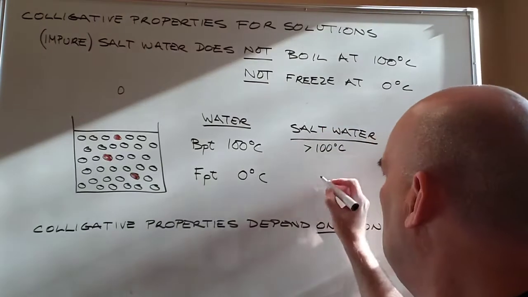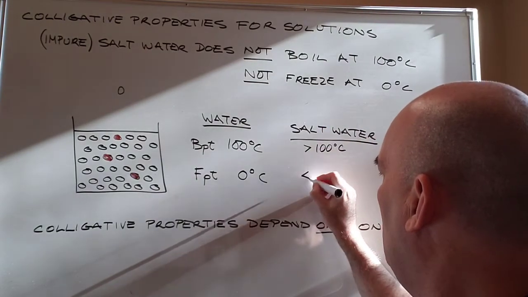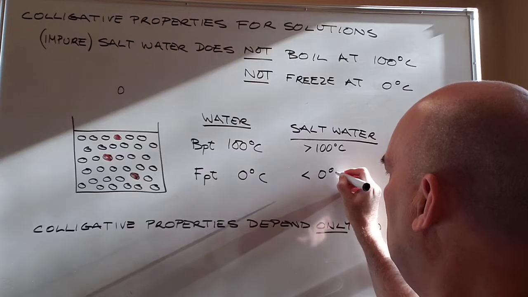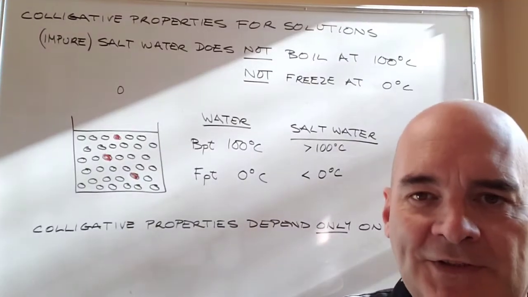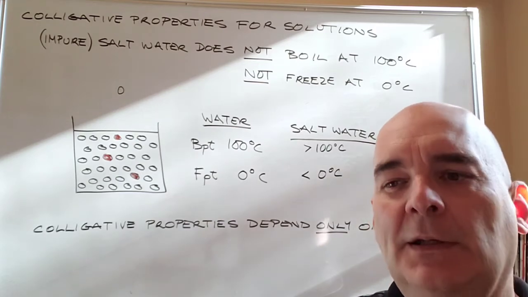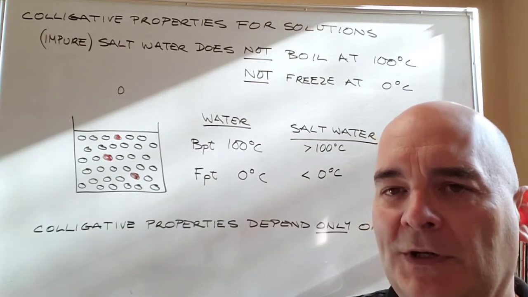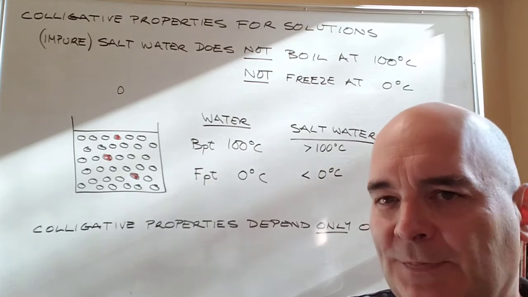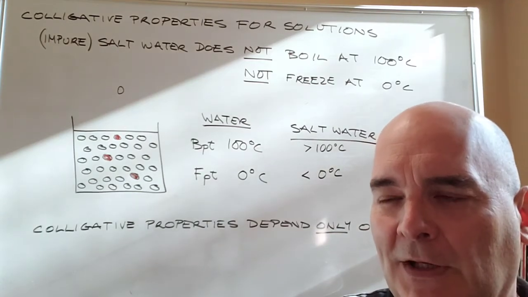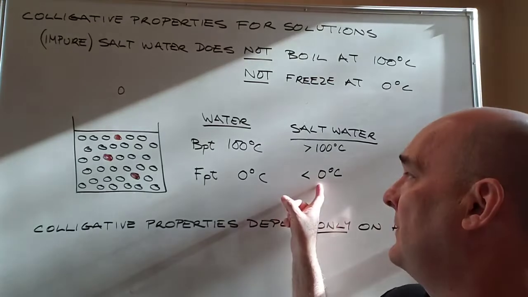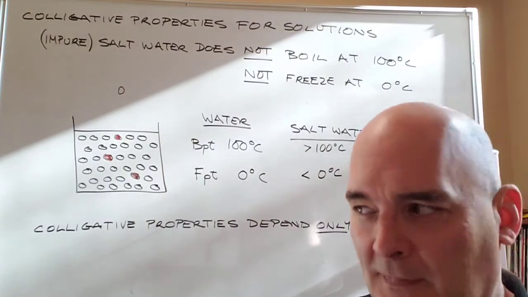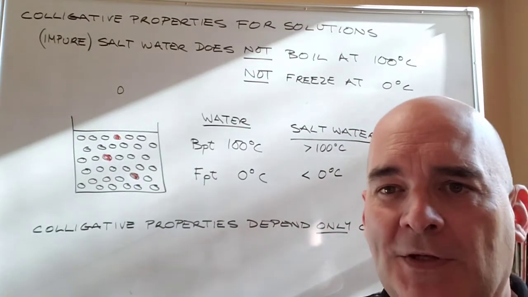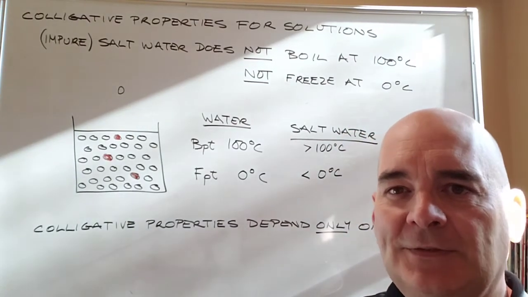So we see that salt water freezes at a temperature below 0 degrees Celsius. We have depressed its freezing point by adding an impurity, and we've elevated its boiling point by adding an impurity. And again, this is something that we know. When there is ice on our driveway, we throw some salt on it because the salt will make the ice melt.